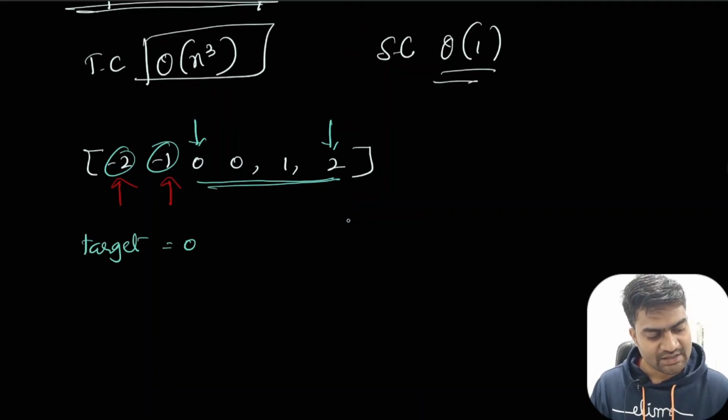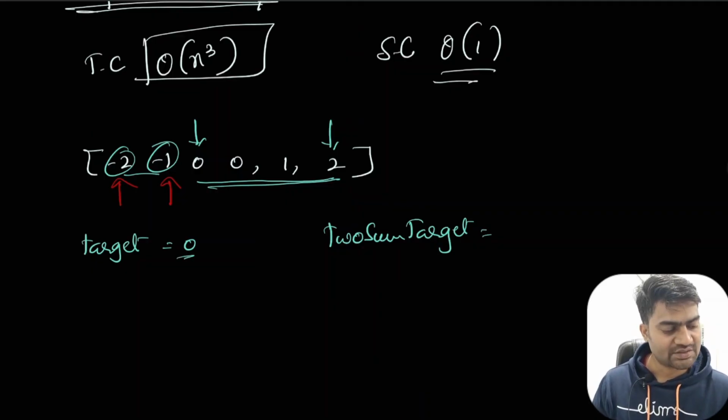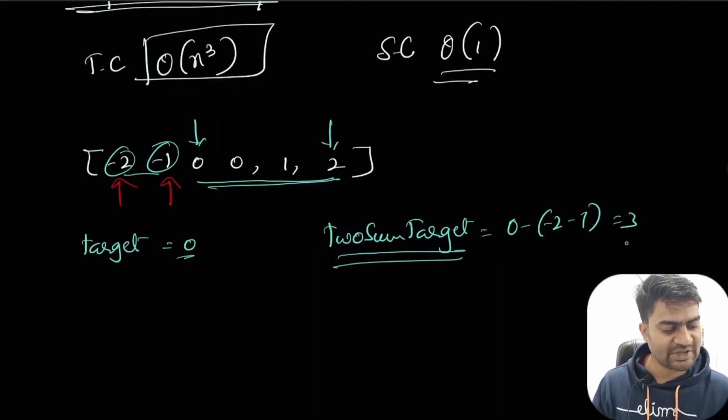Then my two sum target will be this target minus these two numbers. So it is 0 minus of minus 2 minus 1, which becomes minus 3, and it becomes 3. So the two sum target will be 3. I need to find a combination of two numbers which will give the sum 3.